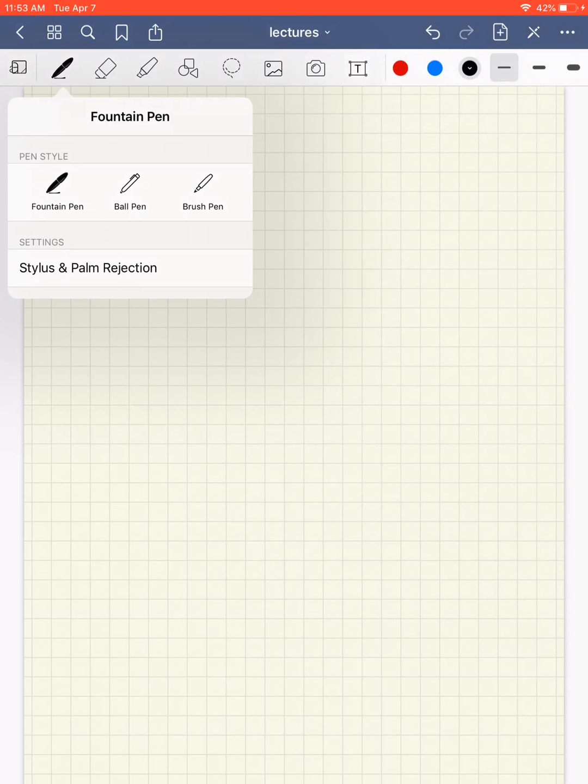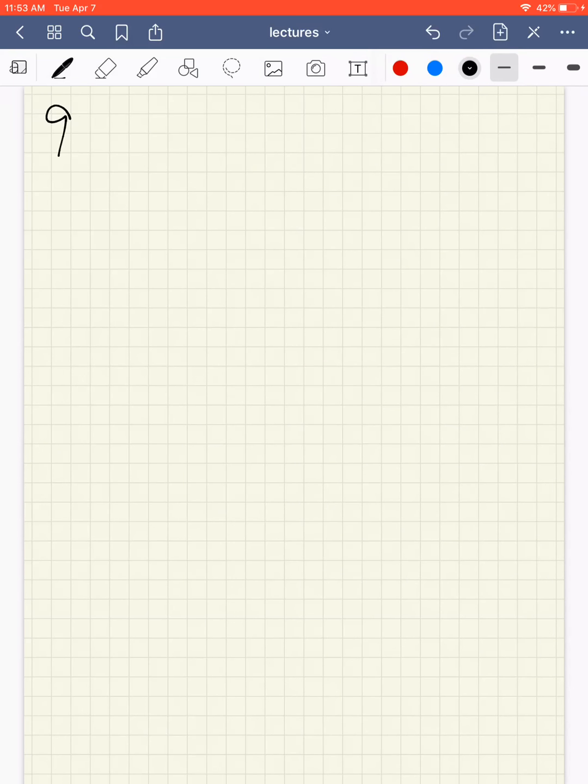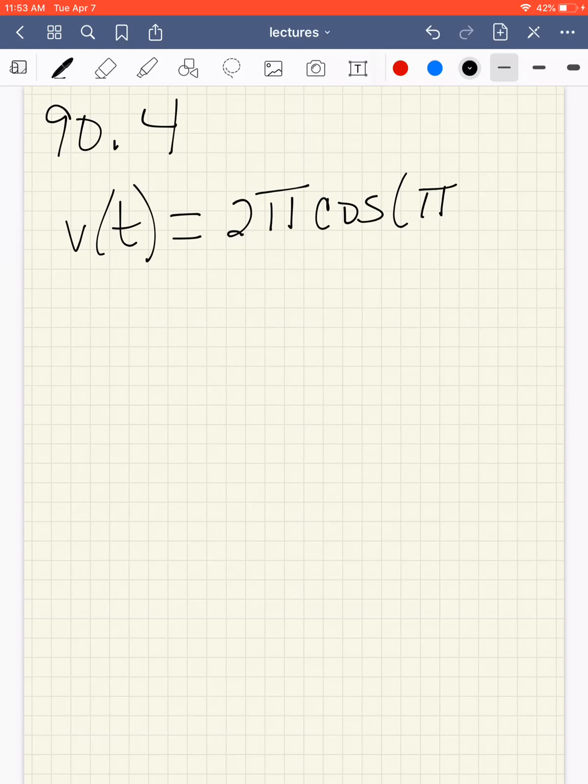It says the velocity function for a particle moving along the x-axis is given by the velocity is equal to 2 pi cosine of pi t. For what values of t from 0 to 2 is the particle stationary?